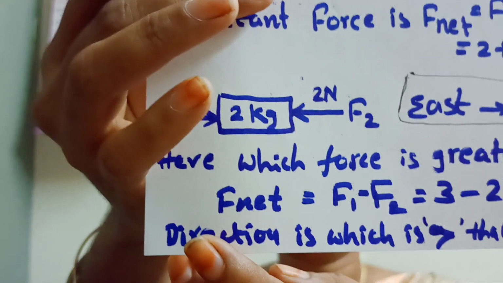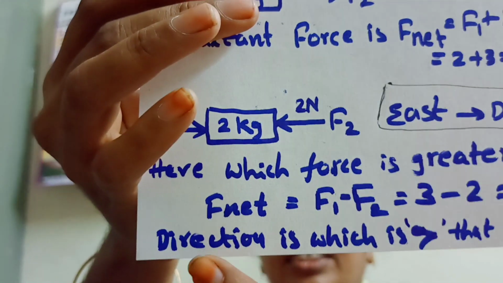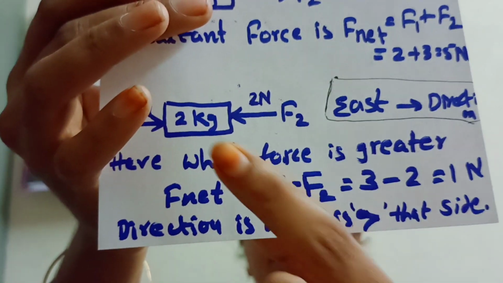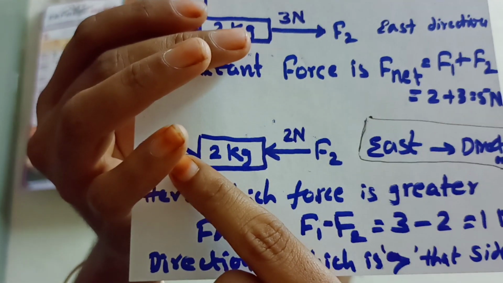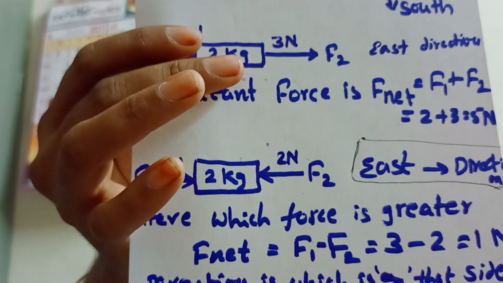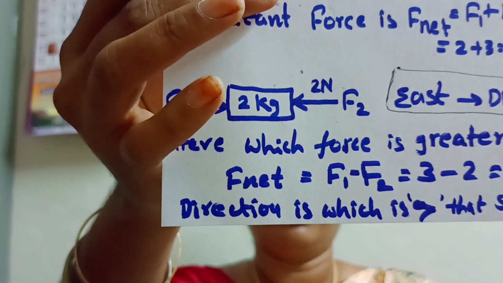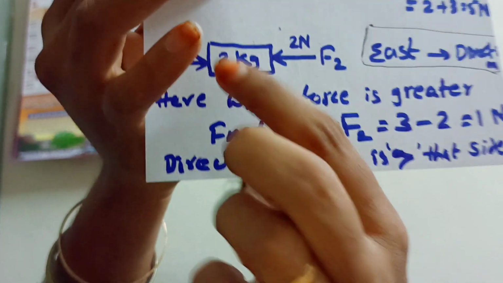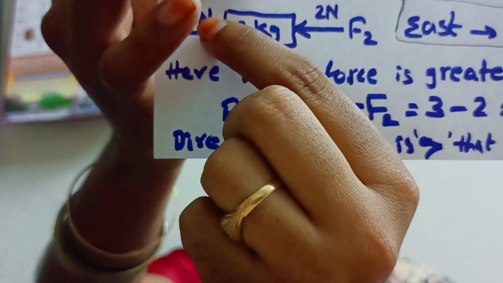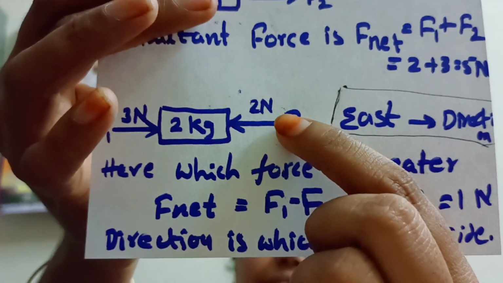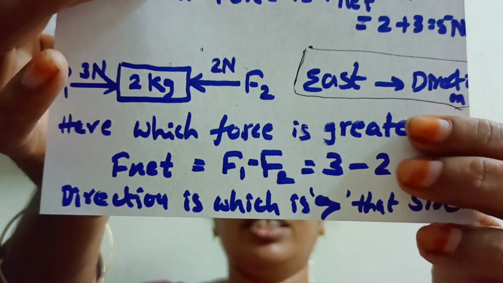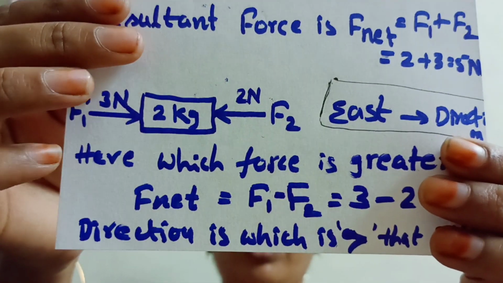Here you think which direction force is acting. Whichever force is heavier than the other force, we take that side as the direction. So in this case also F1 force is greater, so this direction is right, that means east direction.